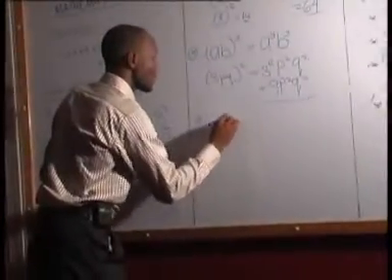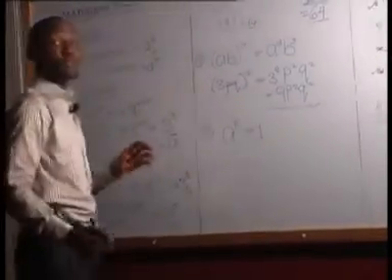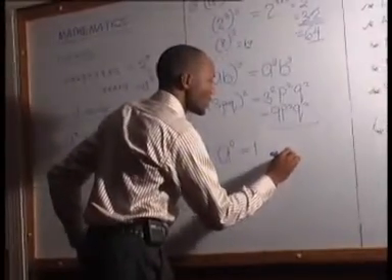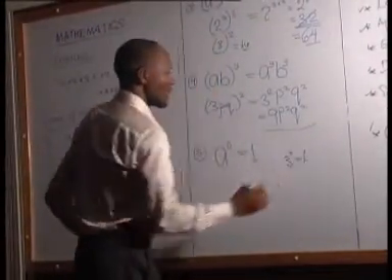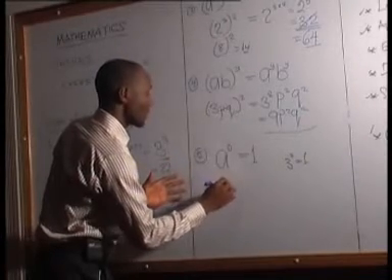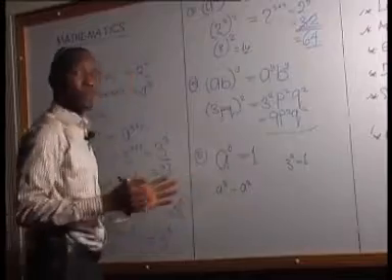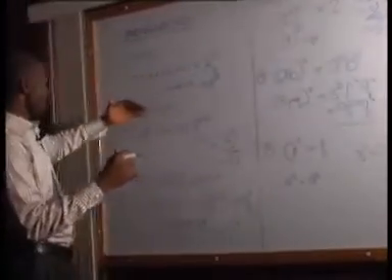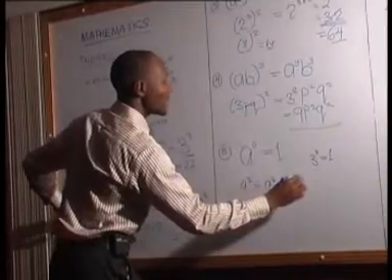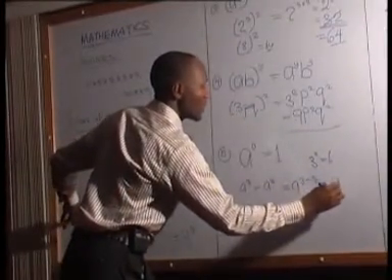Then another one is this. a raised to power 0 is going to give you 1. Anything raised to power 0 is what? 1. For example, if you see 3 raised to power 0, we have 1. Let's look at it. If I say a raised to power 3 divided by a raised to power 3, going by the second rule is going to be what? a raised to power 3 minus 3, which is what? a raised to power 0.